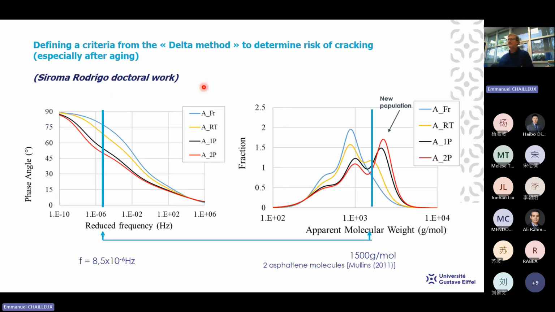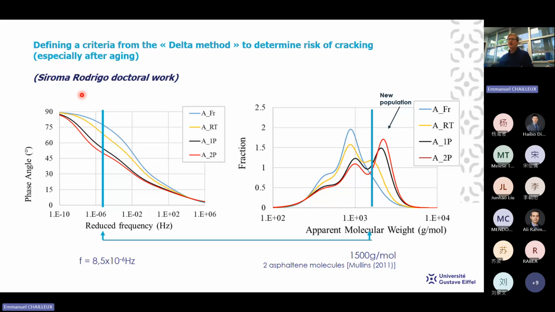So I will finally show you how we can use this delta method to define a criterion related to the cracking properties of bitumen.